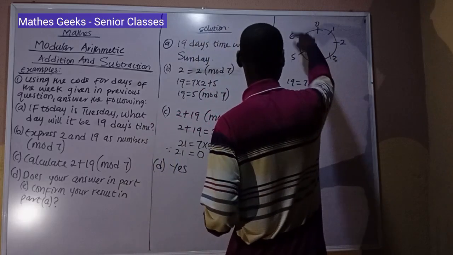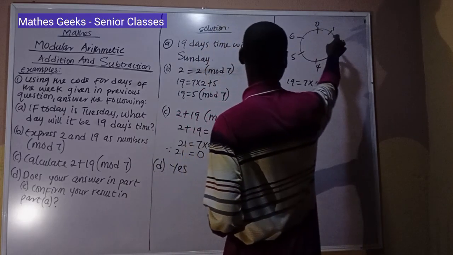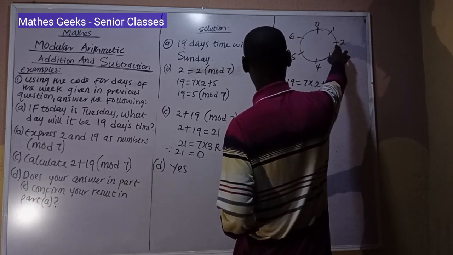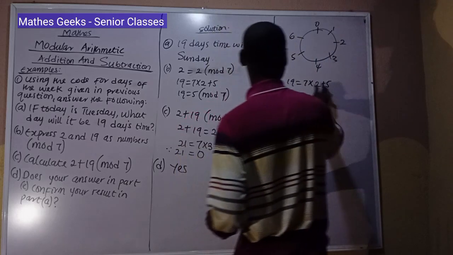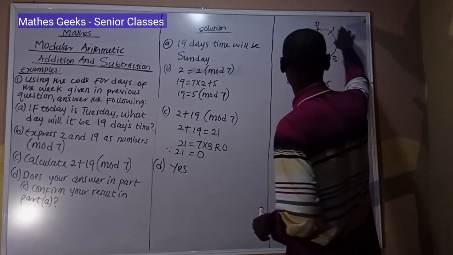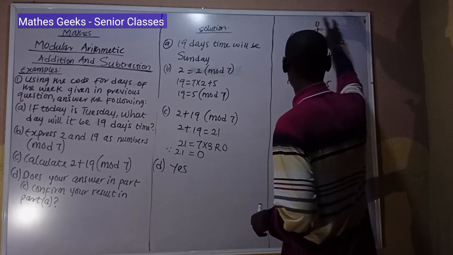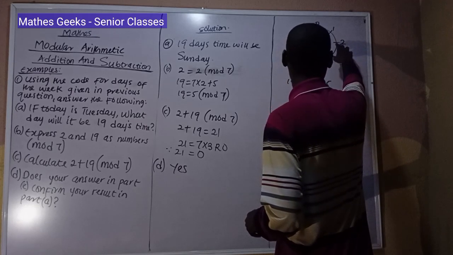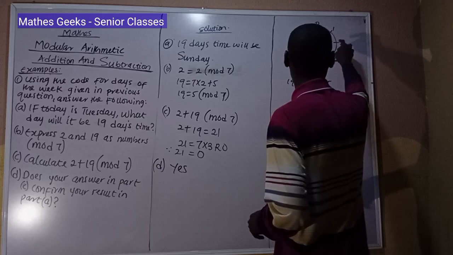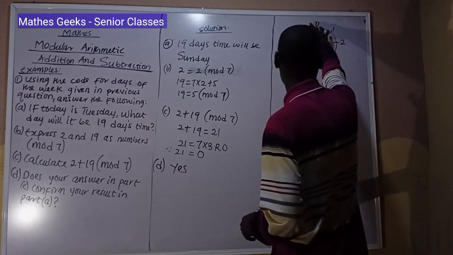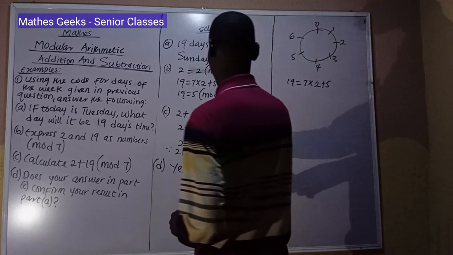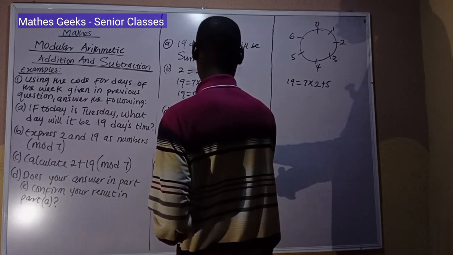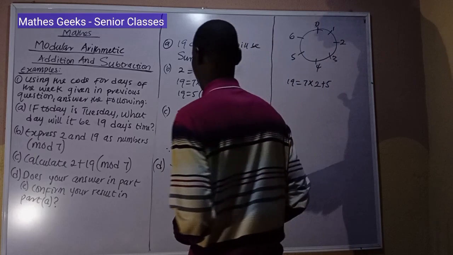If you use the number code, from today's Tuesday, so from 2, 19 days is 7 times 2 plus 5, so 7 times 2 is 14. So go around this circle 14 times, that's 2 times. That will use 14. So the remaining 5 days, you count from Tuesday, which is 1, 2, 3, 4, 5, which is 0. And here 21 equals 7 times 3, that's 0, and 0 is for Sunday. So the answer is yes.